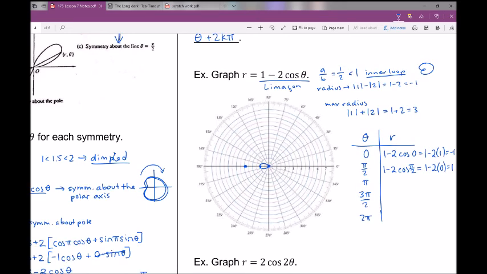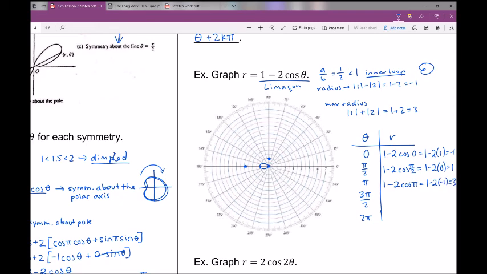So we know that for this point, we go out to the circle of radius 1 and around to pi over 2. For pi, we already got the point at pi, but we'll solve it anyway. So we got 1 minus 2 times the cosine of pi, which is 1 minus 2 times negative 1, which gives us 3.